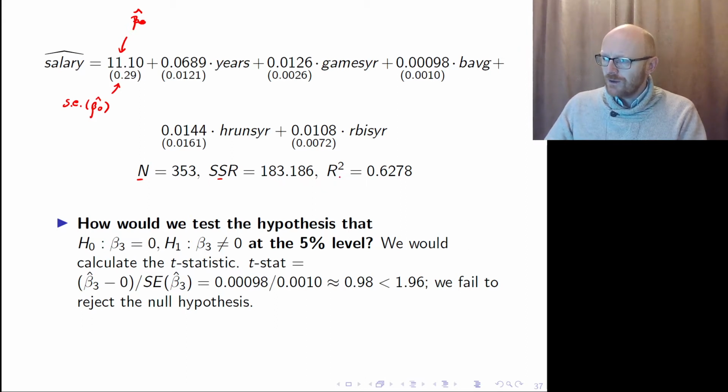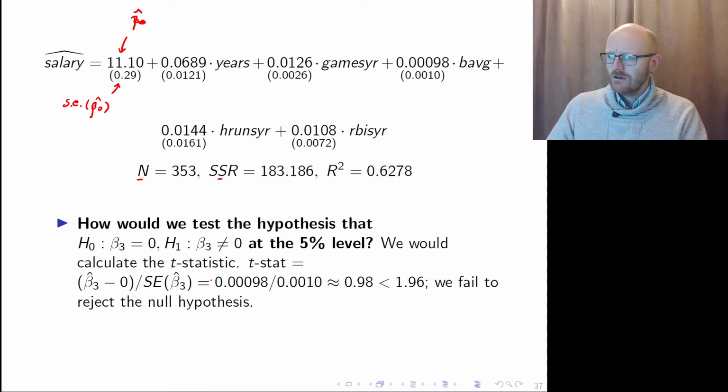And the R squared is 0.6278. And what we would like to know is whether or not some of these slopes are different from 0.